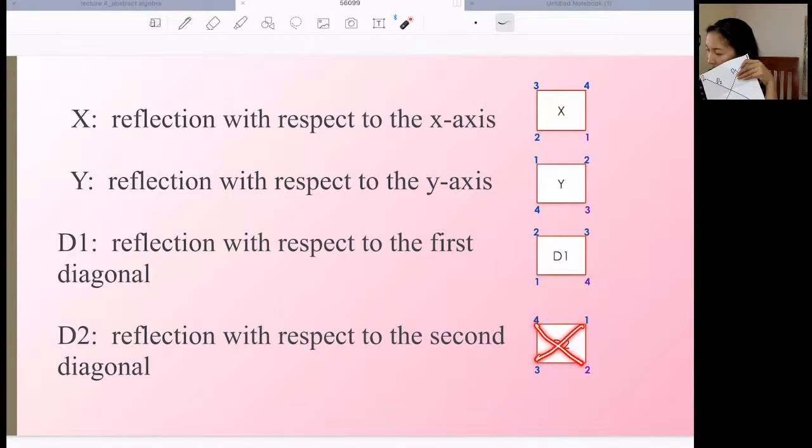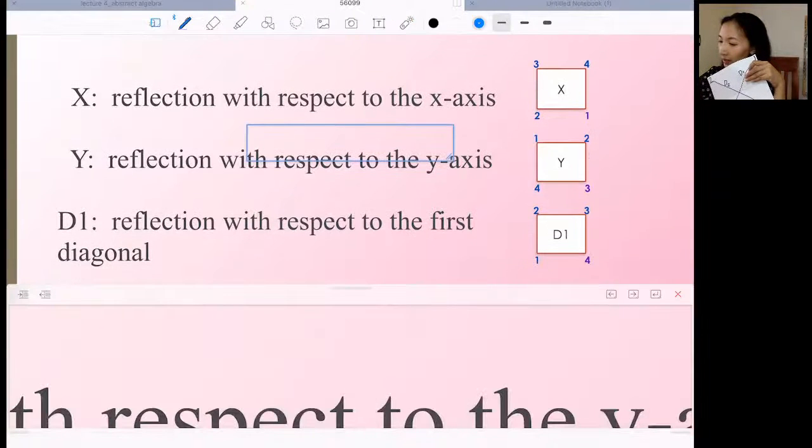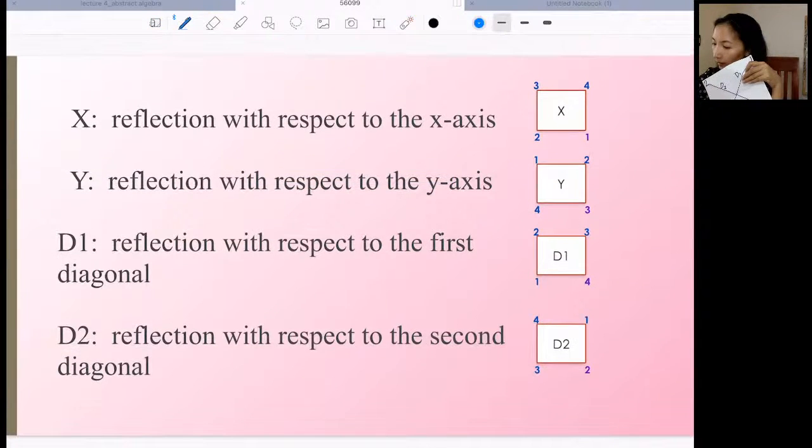This is the second diagonal, 1, 3. Please check on our illustration. Nagkabaligtad. It's the opposite. It should be this. But it's okay if we stick to this PowerPoint. Or let me just draw an arrow. Okay, and this should be here. Okay, please take note of that.